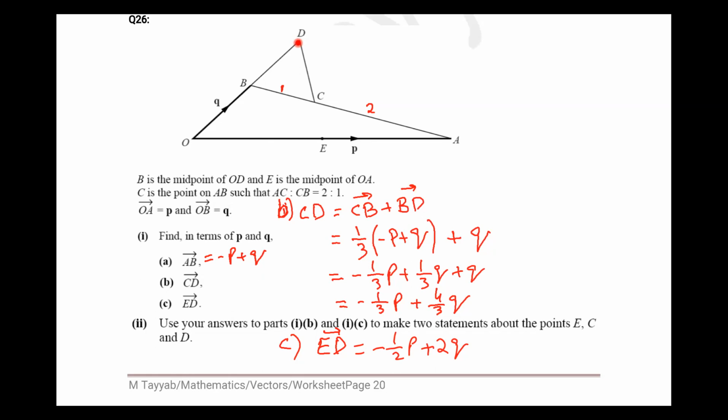Sir, they are collinear because they have a ratio. They all lie on the straight line. Okay. EC is equal to K times CD. I'm not sure, but they lie on the same line.